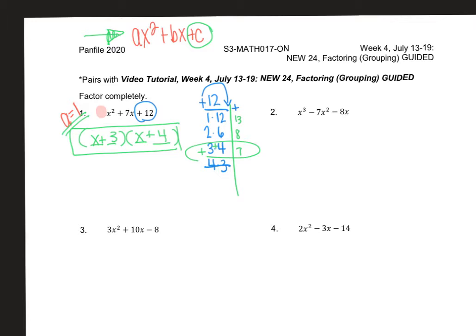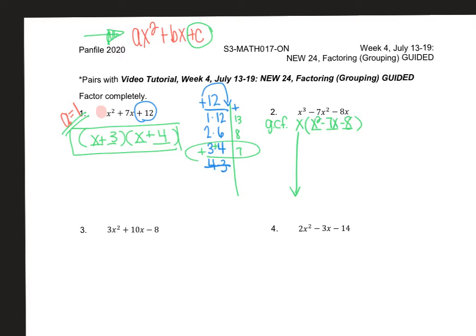So if I pull out first a GCF, okay, I'm going to pull out an x. Well, if I start with a trinomial, I need to end with a trinomial. If I pull out an x, I definitely don't have a number GCF because I have 1, 7, and 8. I get x squared minus 7x minus 8. Now, I'm going to draw an arrow down this x because I need to keep it.